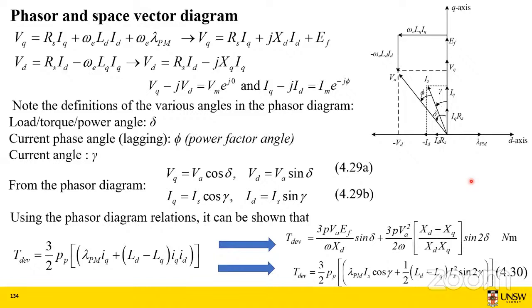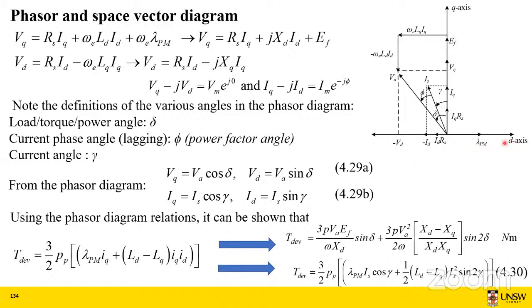So that's the lambda PM flux linkage, the exact same concept as the field flux in a conventional synchronous machine, or even in a DC machine. Okay, so that's the flux linkage.